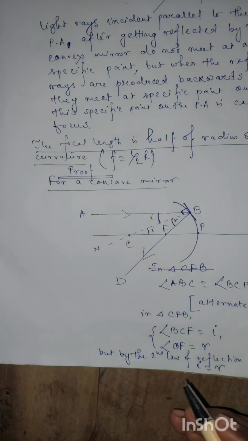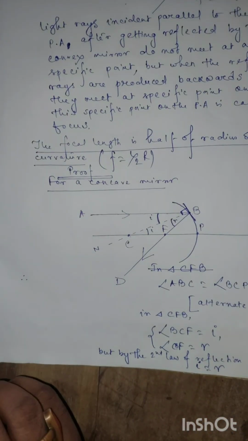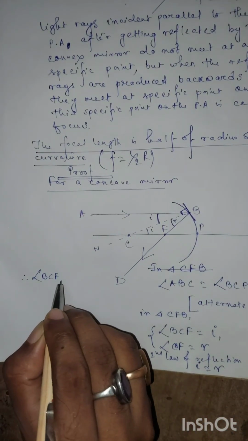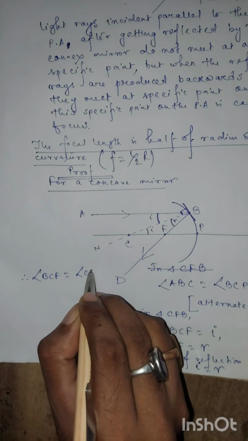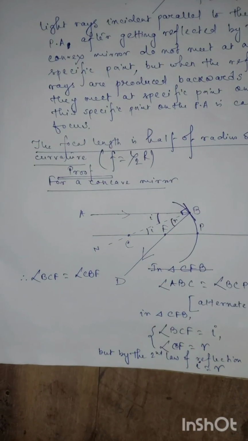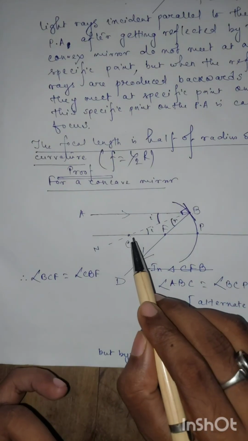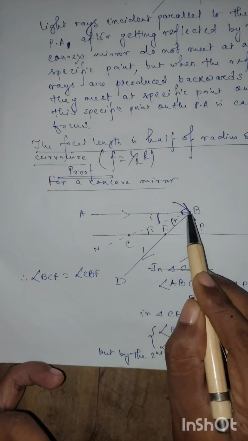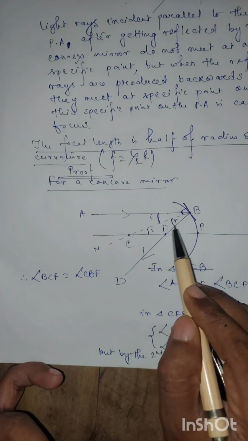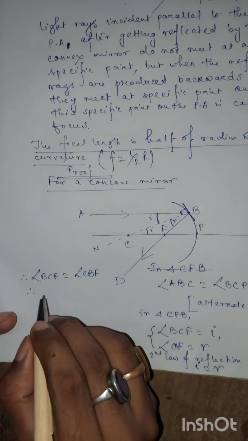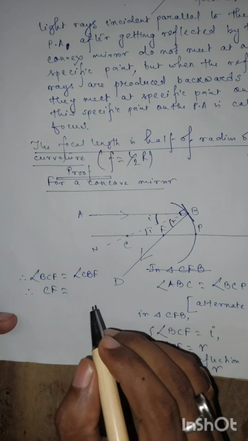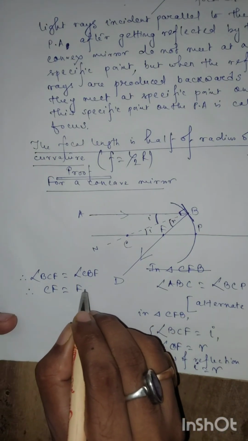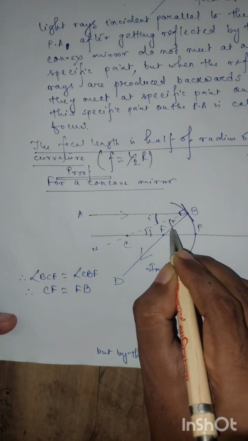Therefore, angle BCF is equal to angle CBF. Therefore, this triangle is an isosceles triangle. That means CF is equal to FB. This side is equal to this side.